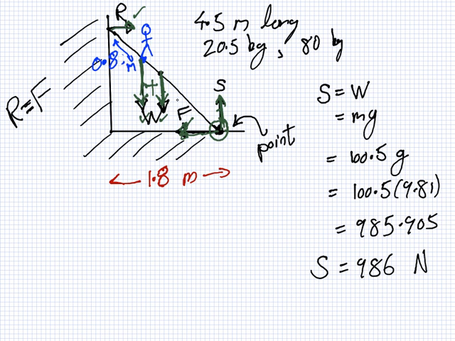So this is 0.8, this is 0.8, and this is 4.5 minus 0.8. Okay, and is that it? And this one is 4.5 divided by 2, is it? Yeah, it's exactly the center.